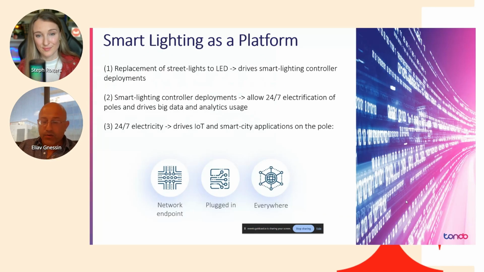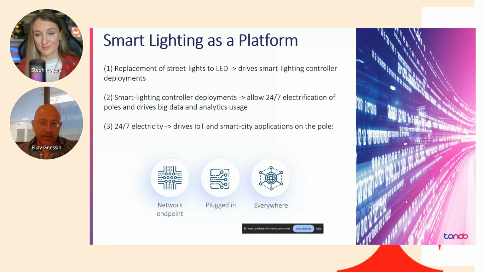The way we work with our customers is we start with replacement of streetlights with LEDs, or installing these controllers. Then we take the data that comes from these controllers and send it to the cloud, and we get insights for our customers based on this data.